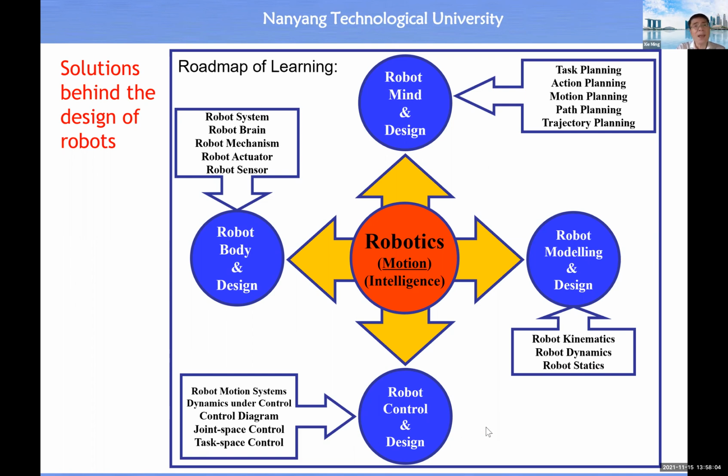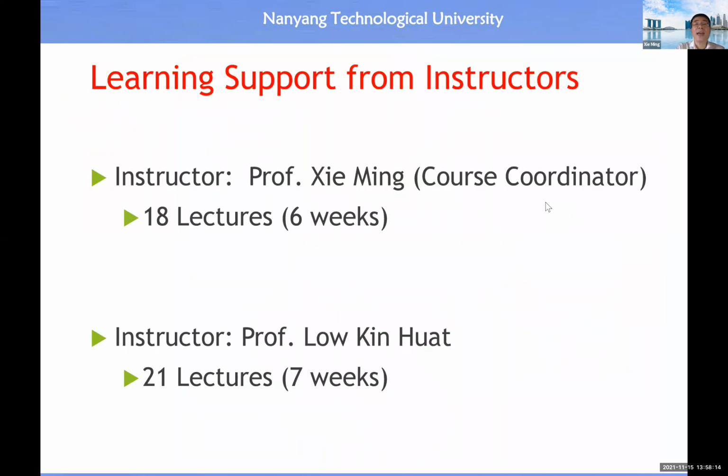All right, I will teach you module 1, module 2, and module 4, and the thought-provoking one will teach you module 3. And in total, we are going to spend 39 hours to study this course. 18 hours will be dedicated to the study of module 1, module 2, and module 4.